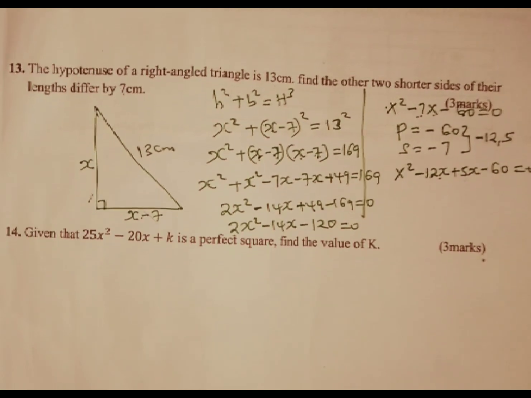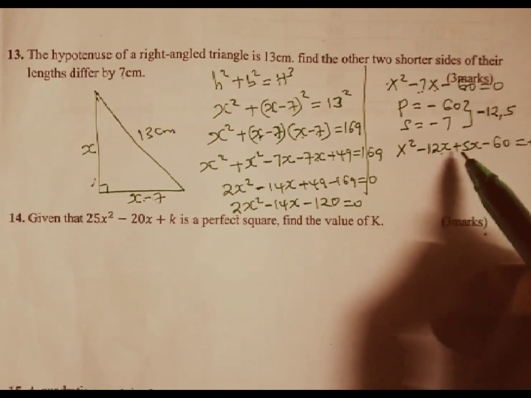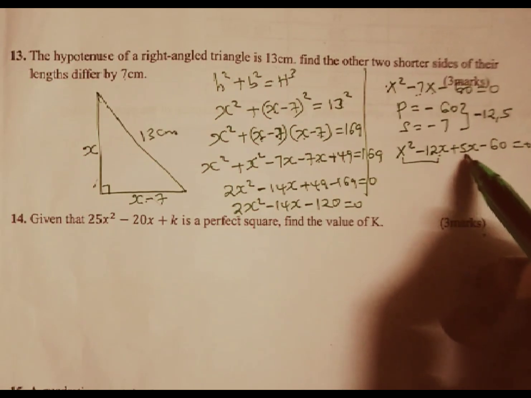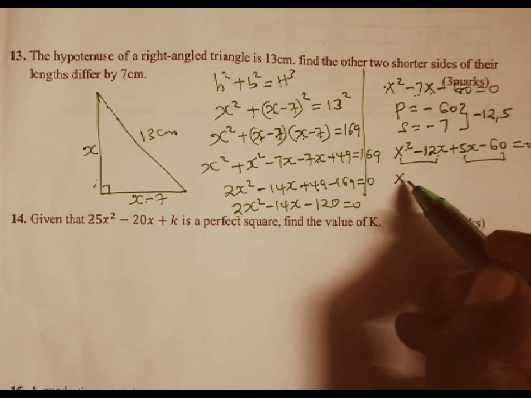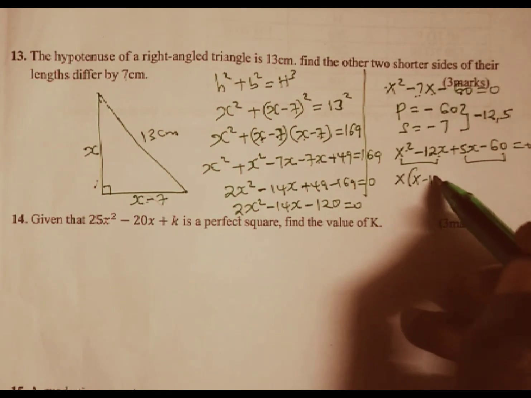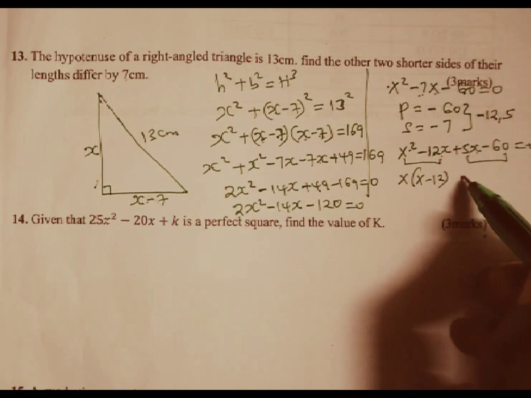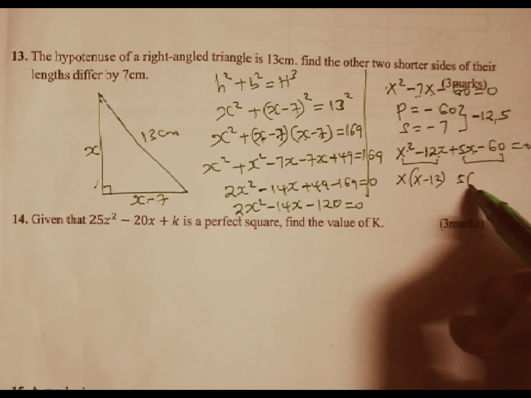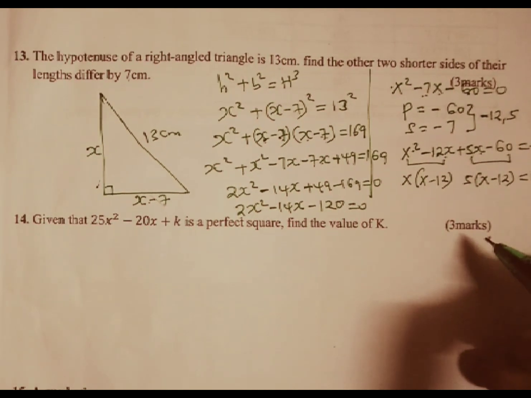From there now we can proceed and factorize them in pairs. Between x squared and minus 12x, we have x multiplied by x minus 12. Then 5x and minus 60, we are going to have 5 multiplied by x minus 12. And this is going to be equal to 0.